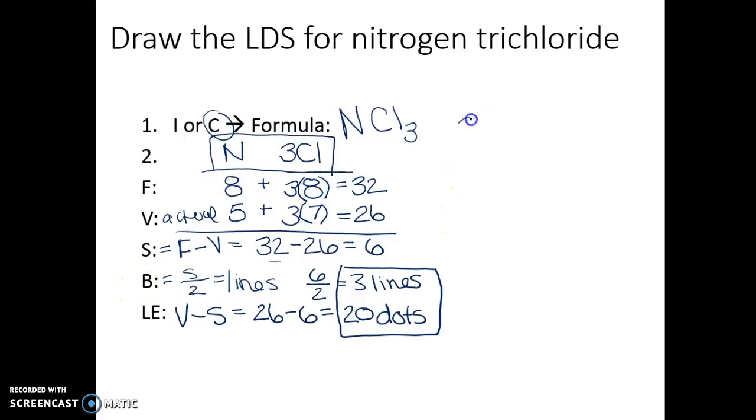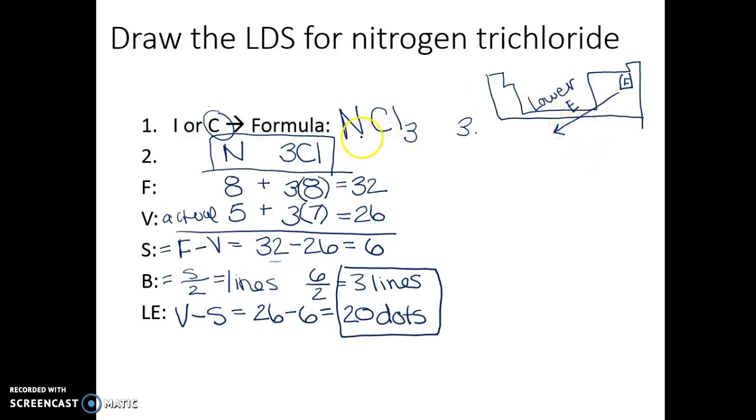Okay. Step 3, I actually want to draw this Lewis dot structure. The least electronegative atom goes in the middle. So if we look at a periodic table, remember that the most electronegative element is fluorine up here. So as we get farther away from fluorine, we get lower electronegativity.